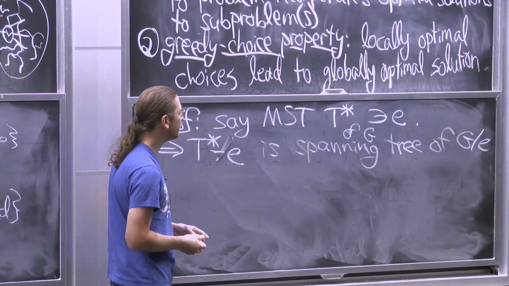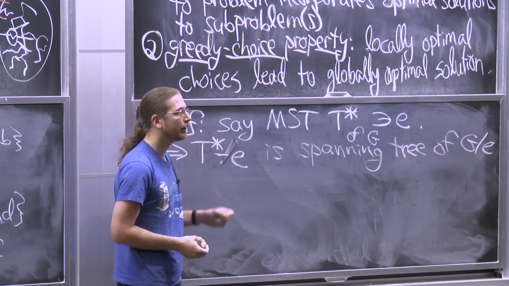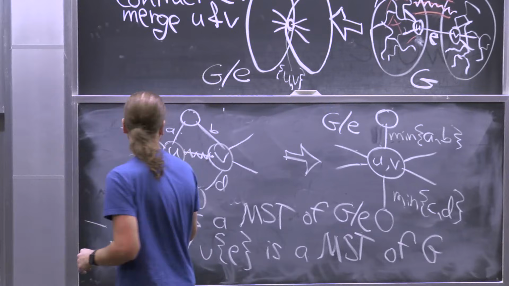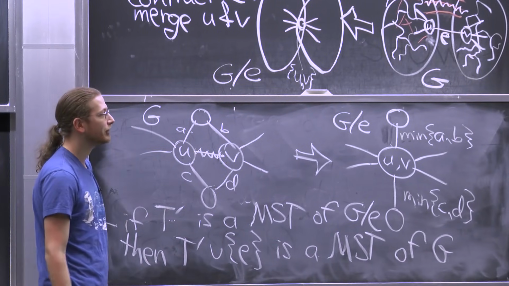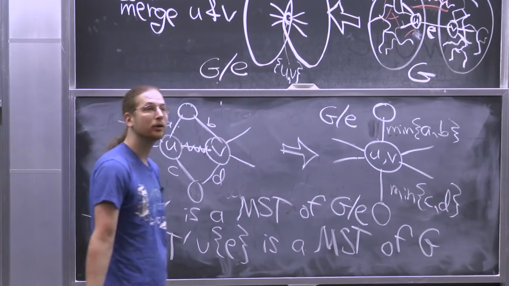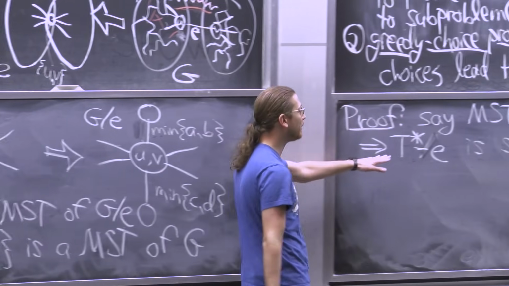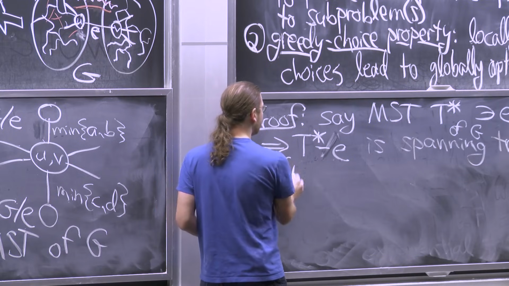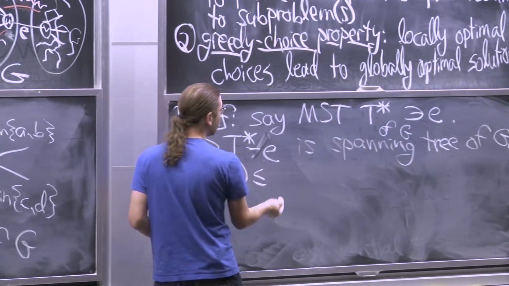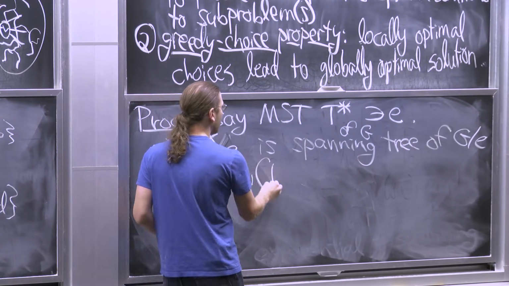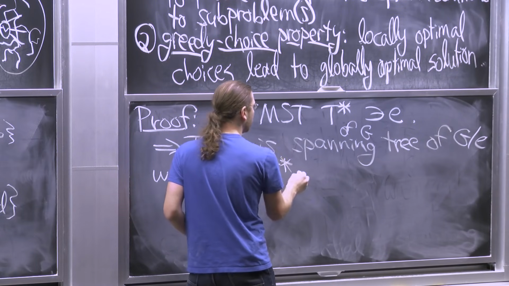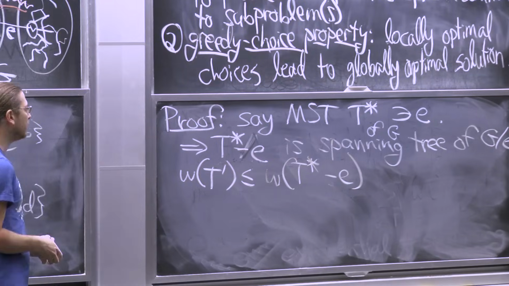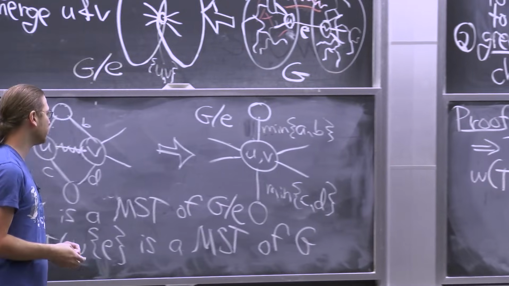Cool. So that means the minimum spanning tree, T prime, the minimum spanning tree of G slash E, has a smaller weight than this one. Because this is a spanning tree, the minimum is smaller than all spanning trees. So we know the weight of T prime is less than or equal to the weight of T star minus E. Cool.